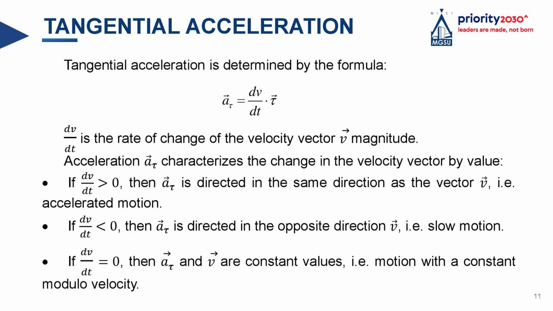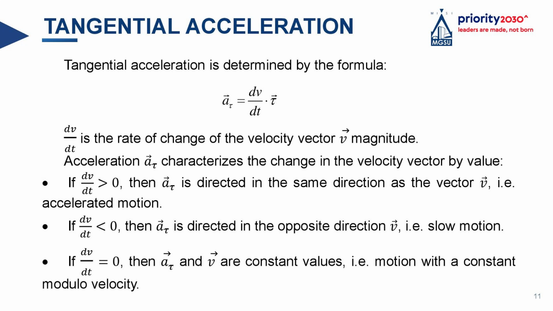Tangential acceleration is determined by the formula, which you can see in the presentation slide. Please pay attention. Where dv over dt is the rate of change of the velocity vector magnitude. Acceleration characterizes the change in the velocity vector by value. If dv over dt is greater than 0, then acceleration is directed in the same direction as the vector v, so accelerated motion.